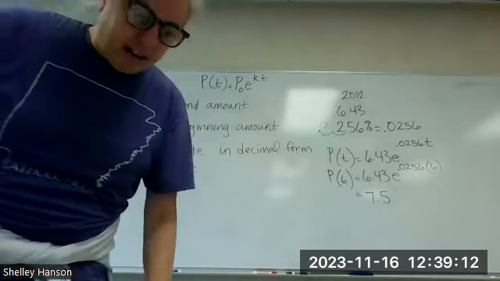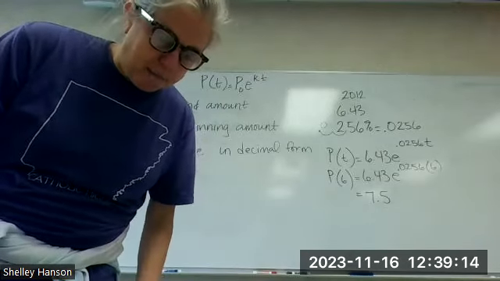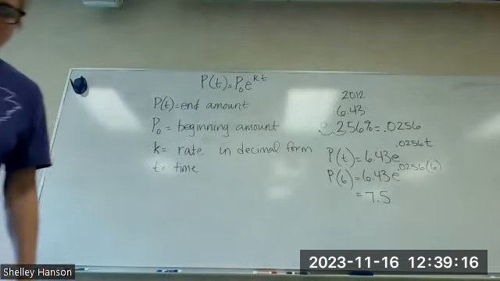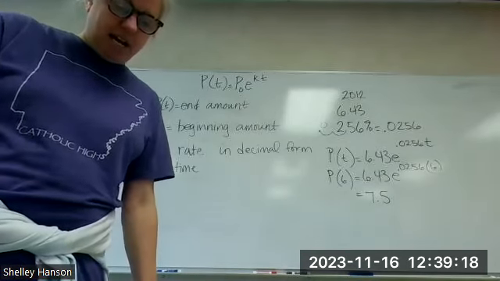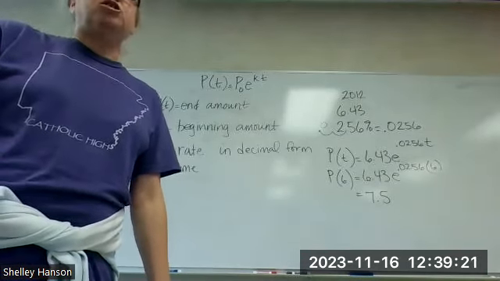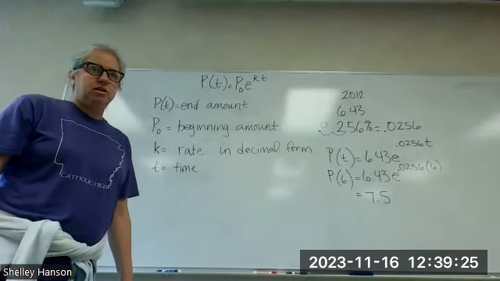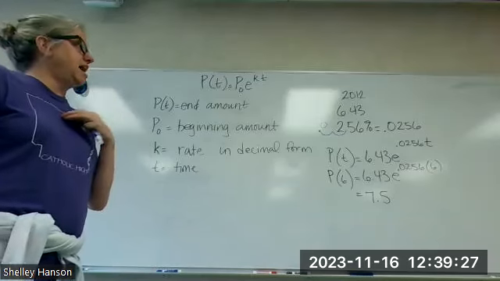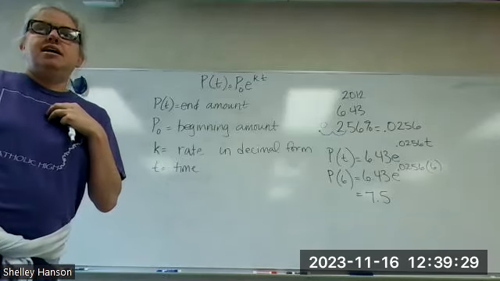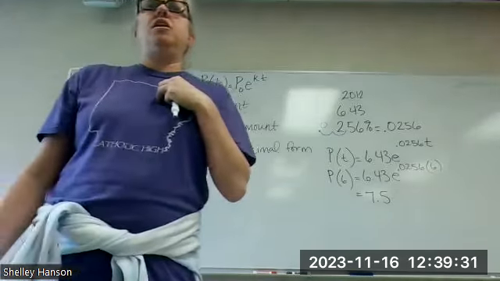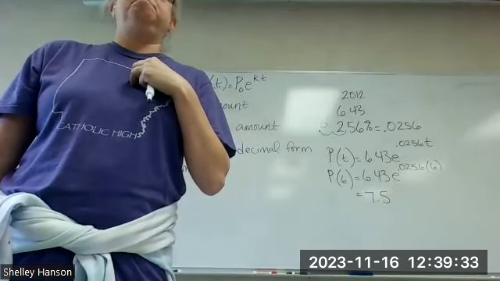Now, the next part of this says the population of the city will be 10 million in about how many years after 2012? So it's telling me the end amount of people is 10 million.